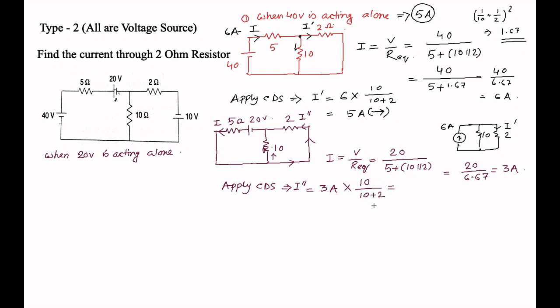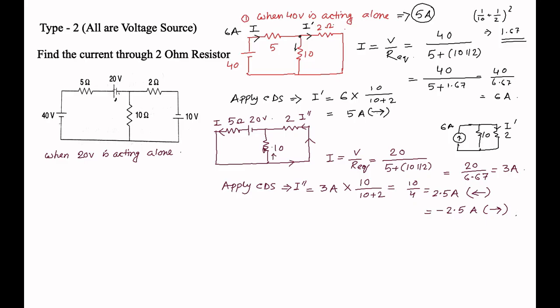So 3 into 10 by 12, that means 2.5 ampere, and the direction of the current is right to left. If you make it left to right, it becomes minus 2.5 ampere. Got it?